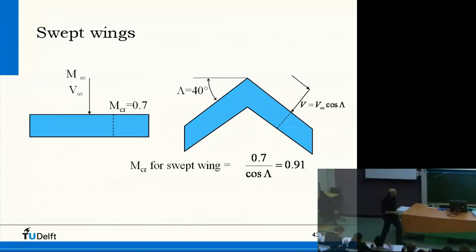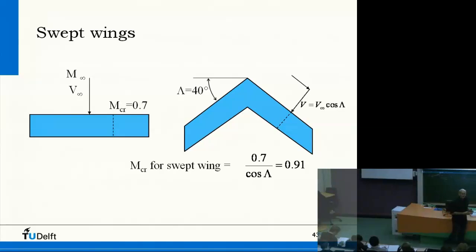Right, so by sweeping the wing, the critical Mach number increases. So you can fly faster with the swept wing without compromising this compressibility thing on the upper surface. Right, so at a higher Mach number, there is this Mach 1 somewhere on the wing.